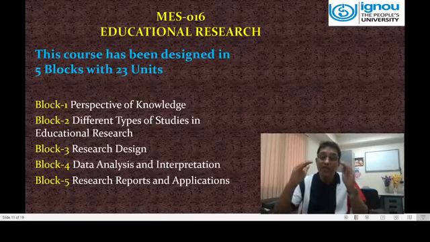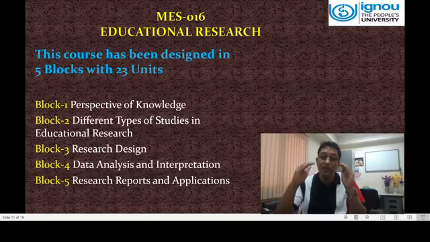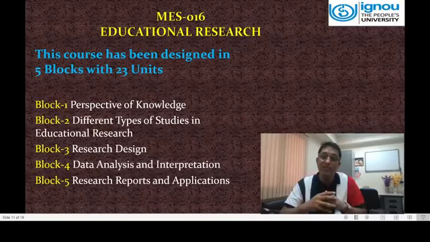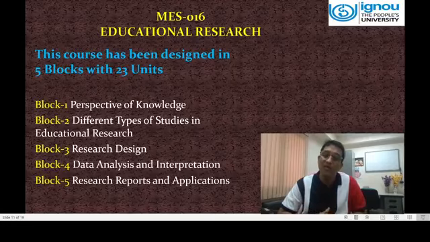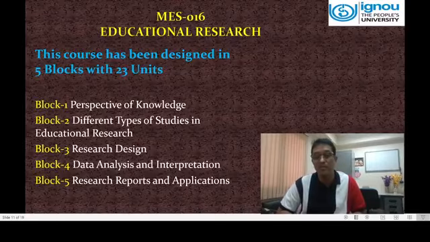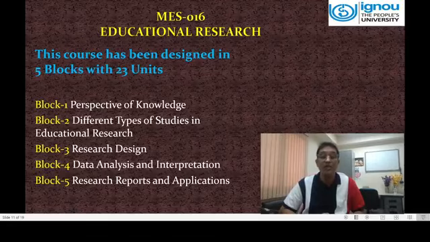So so far as a program is concerned, a course is a large unit, and a block is a smaller unit than a course, and a unit is the smallest portion or smallest unit. So units are included in a block and blocks are included in a course.